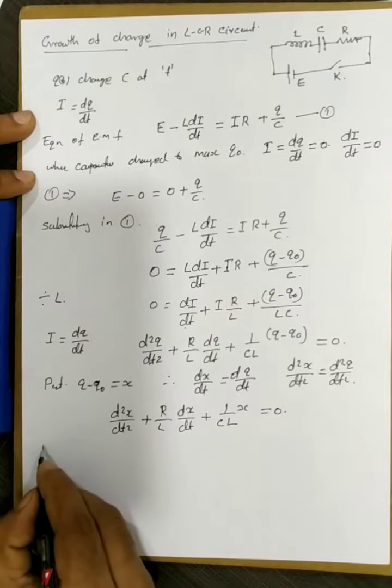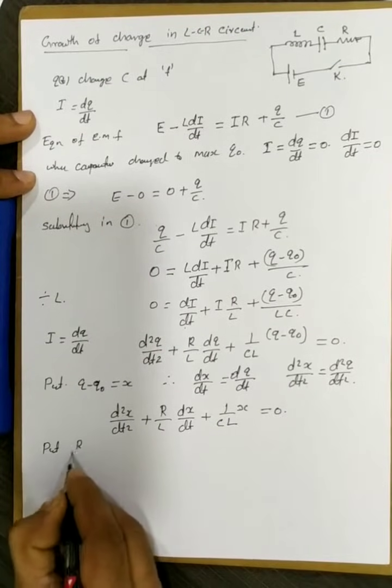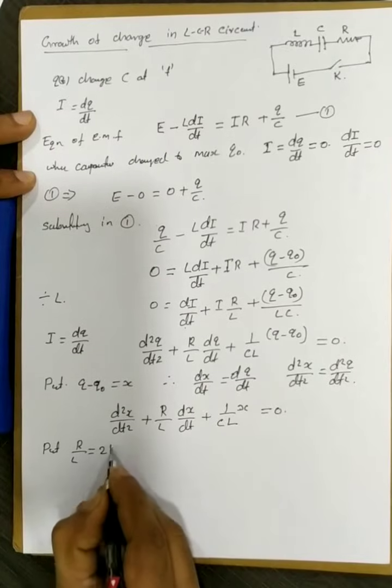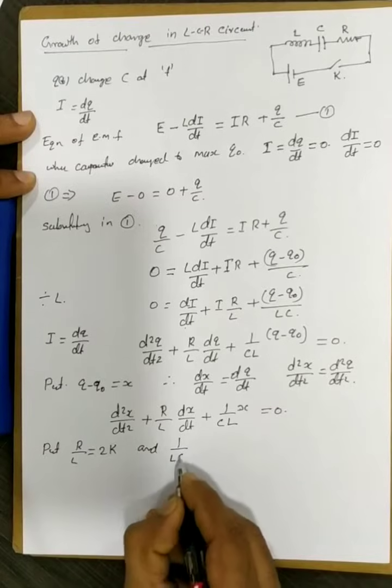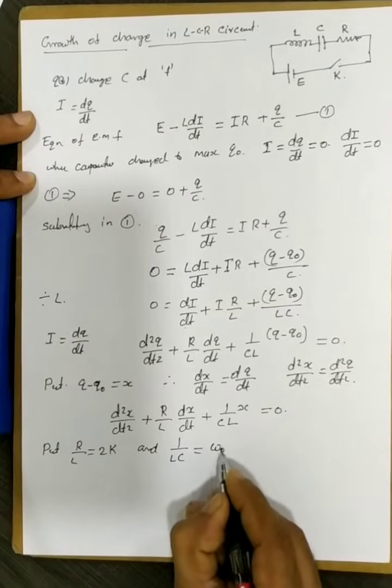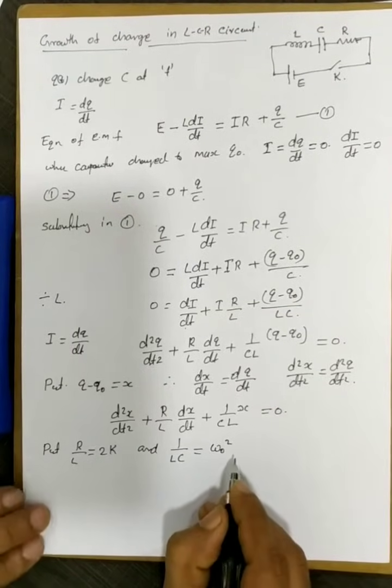Now let me make another substitution. Put R by L is equal to 2k, some constant k, and let me call 1 by LC another constant, omega 0 square.